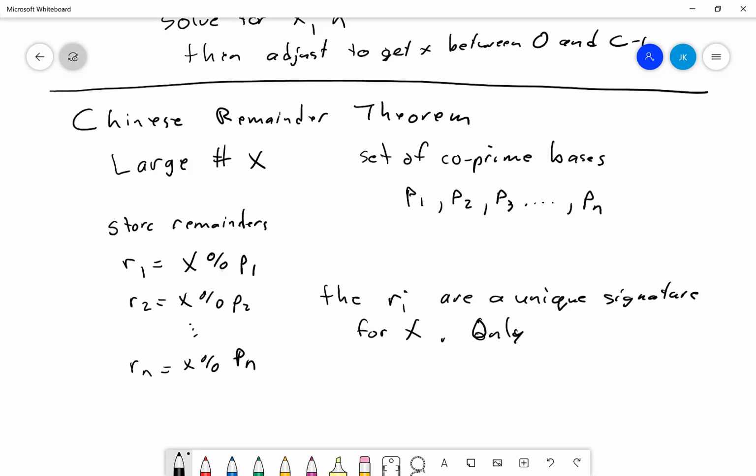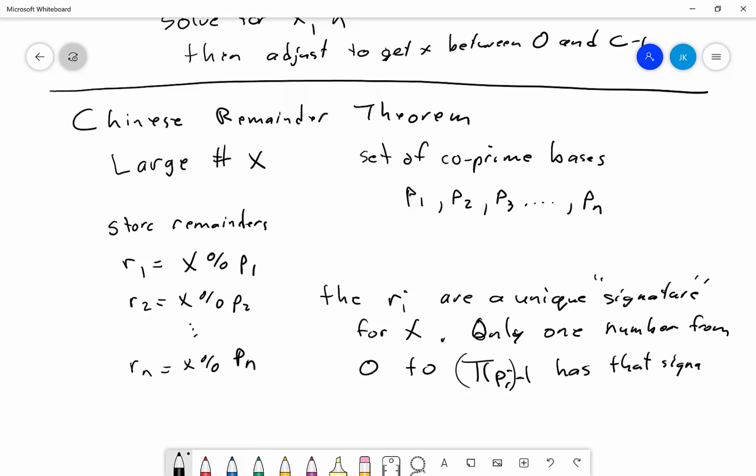The point here is that only one number from 0 to the product of all the P sub i's minus 1 has that signature. In other words, there is only one number that, if you take it mod all of these primes, gives that particular set of remainders.